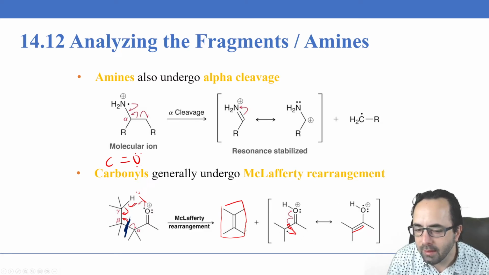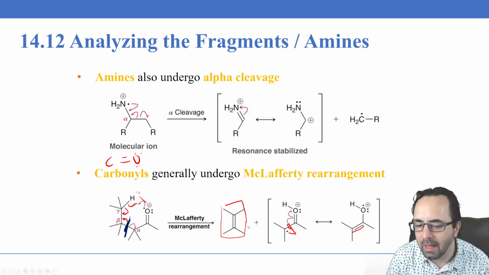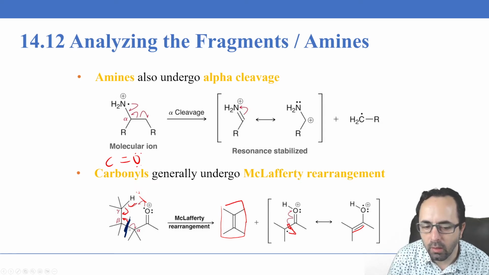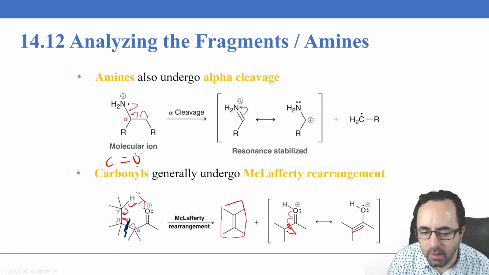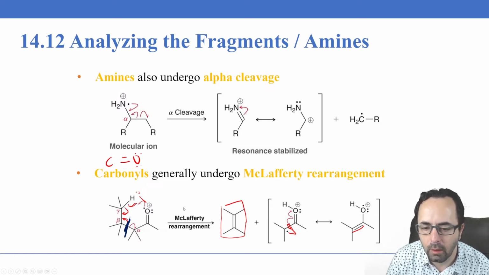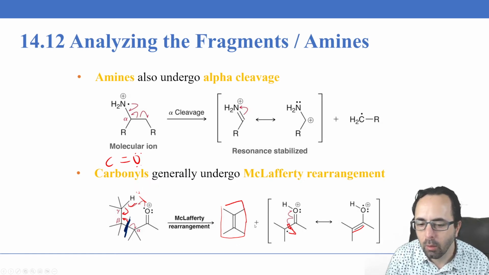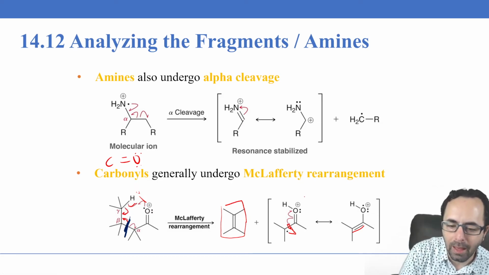And so we're going to see a significant loss of some even numbered fragment. That is the fragment that would be broken off if you broke the bond between the alpha and the beta carbon here. This can be a little bit more difficult to spot, so you have to watch out for that. But a big tell will be that you're going to have a big peak where you have a loss of an even mass group.